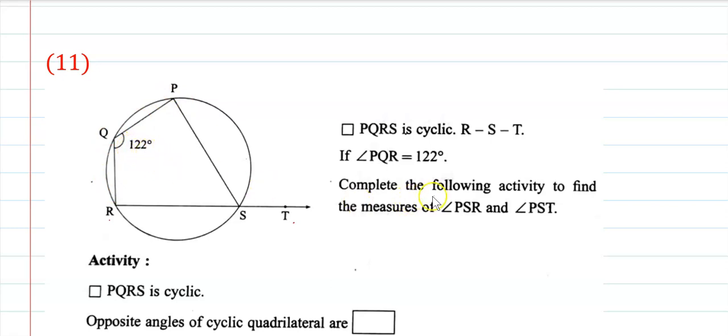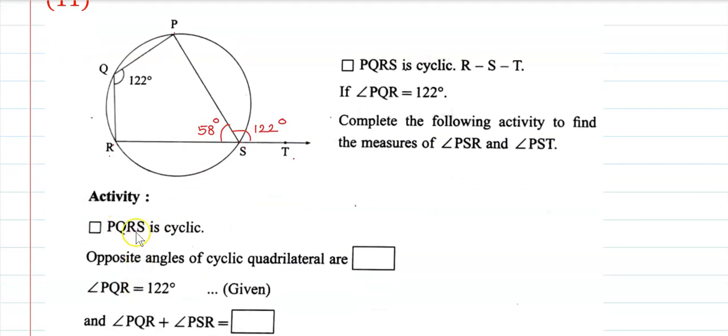Complete the following activity to find the measure of angle PSR and measure of angle PST. It's clear that the measure of this angle is 122. Okay. Now the next. And what will be the measure of this one? The measure of this angle is equal to 58 because they are linear pair angles.